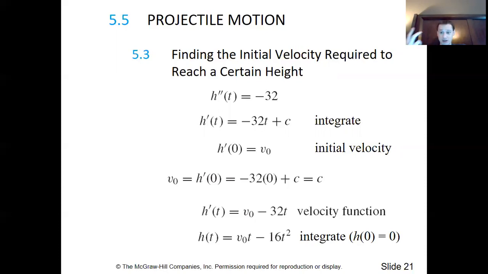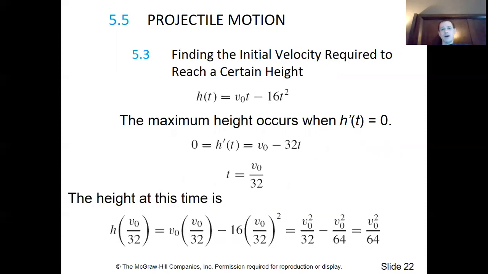The constant would end up being 0, which is why they didn't bother to write it right there. They skipped a couple steps there. But put your constants in. If you don't like your constants, use definite integrals like I've been doing. t goes from 0 to t. The thing I care about goes from that thing at 0 to that thing at time t. Either way will work fine. But you get this maximum equation for this thing, okay?